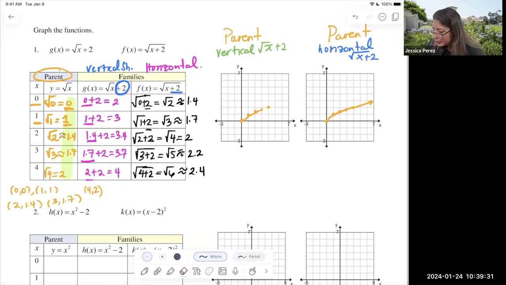It looks like an arrow like so. That's mama. Now what happens when I use the green, which is the vertical shift? Now that's going to be 0, 2.